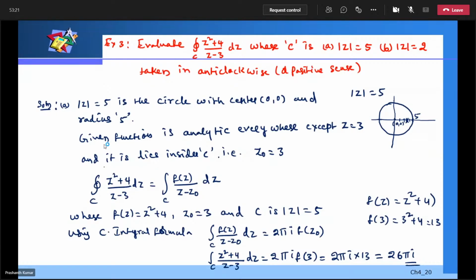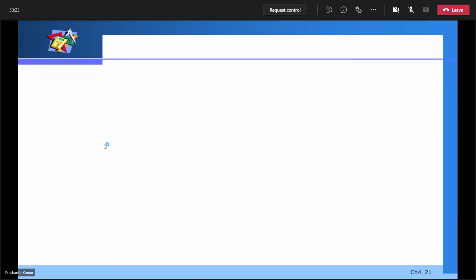Completed. Okay, the next one is part B, where we are given mod z is equal to 2.